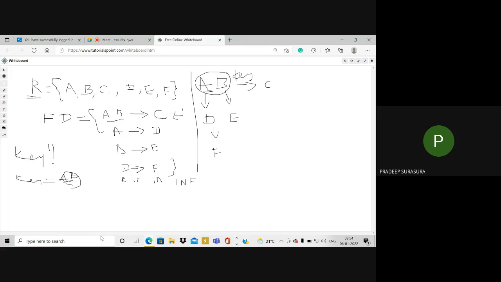Are you guys understanding what I'm talking? Please respond. Yes, sir. I repeat again, just have a look. The FD AB determines C satisfies second normal form.